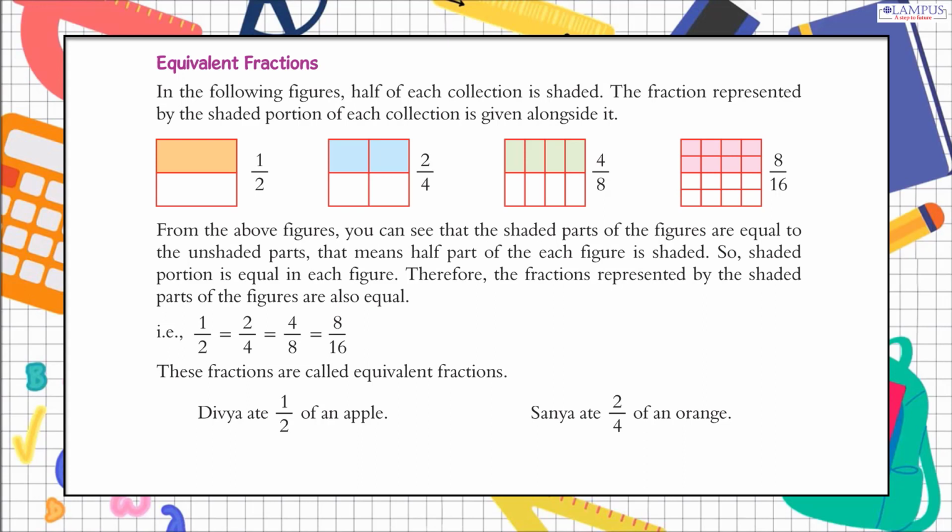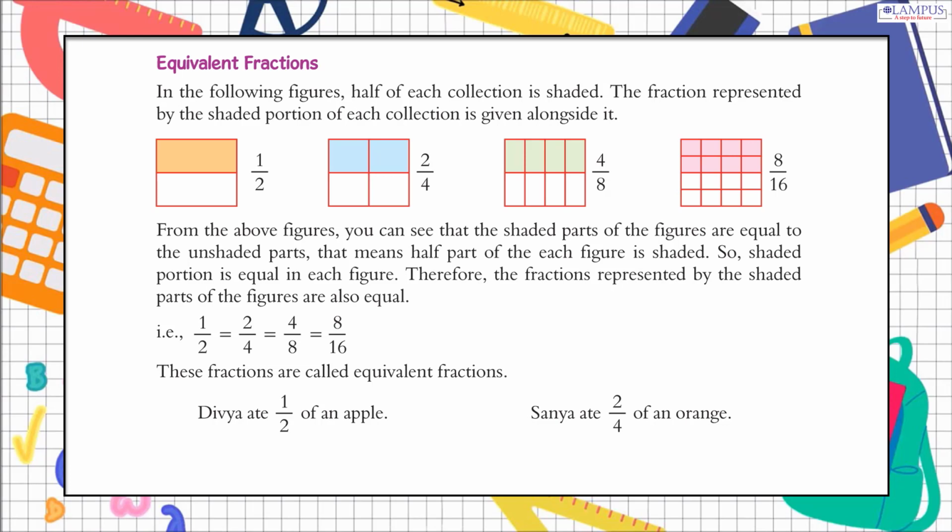So, shaded portion is equal in each figure. Therefore, the fractions represented by the shaded parts of the figures are also equal. That is, 1 by 2, 2 by 4, 4 by 8, 8 by 16. These fractions are called equivalent fractions.